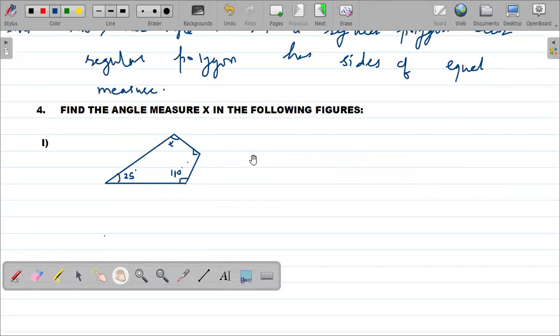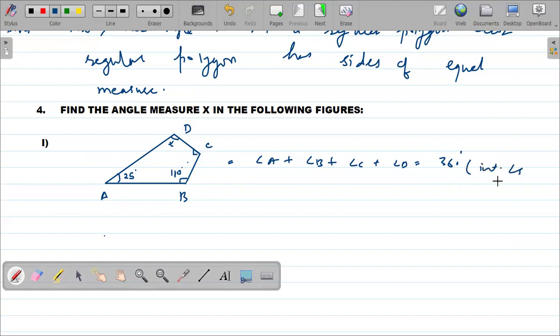Find the angle measure x in the following figures. So here we have to find the measurement of x. In our first figure, we'll start by naming it ABCD. Angle A plus angle B plus angle C plus angle D is 360 degrees, the interior angles of ABCD.